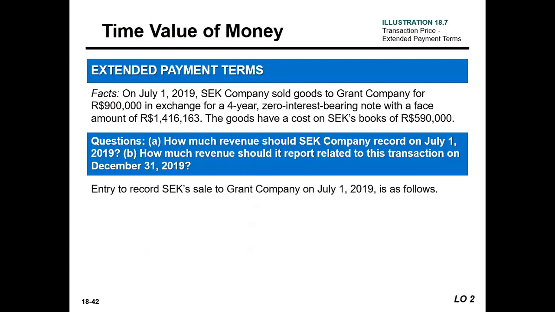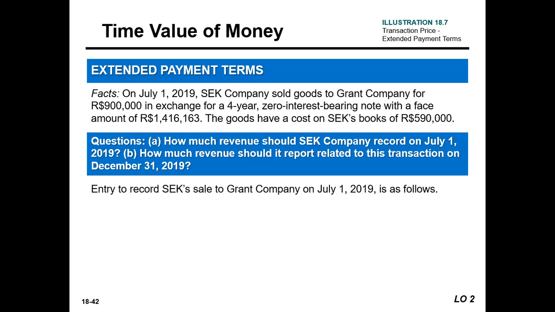Okay, we have an example here. On July 1, 2019, SIC company sold goods to Grant Company for 900,000 in exchange for a 4-year, zero interest-bearing note with a face amount of 1,416,163.